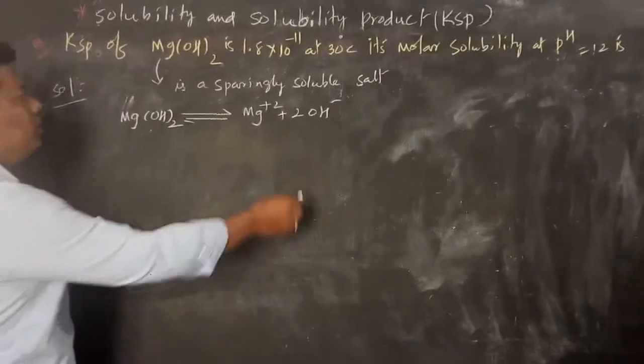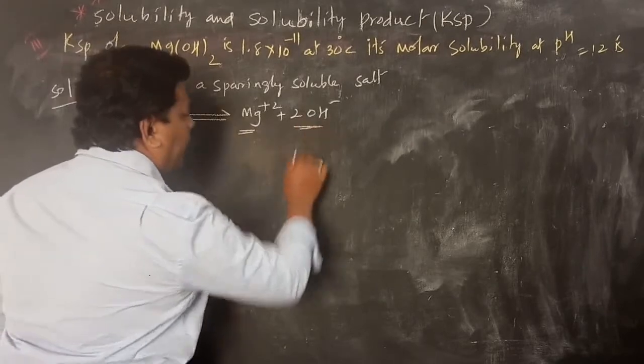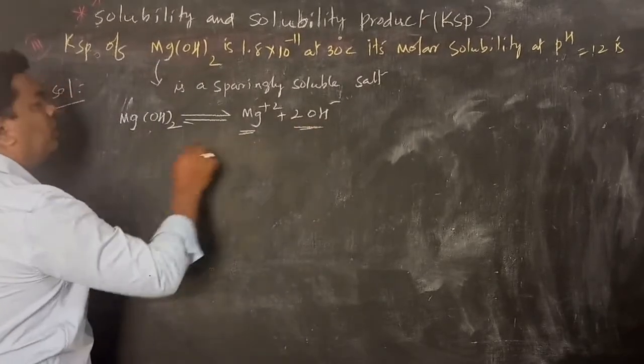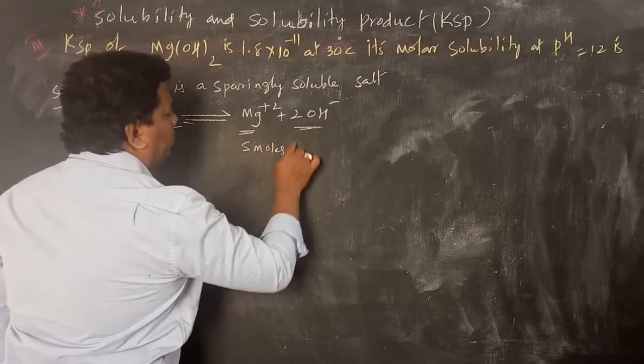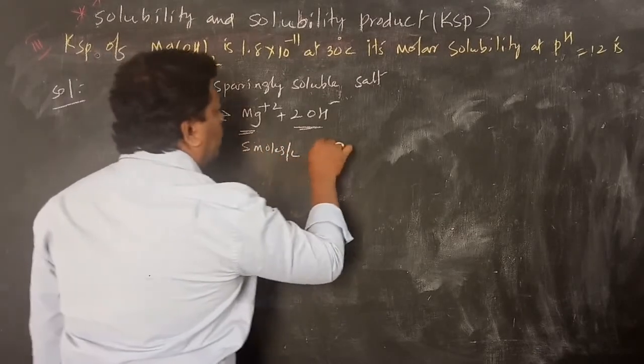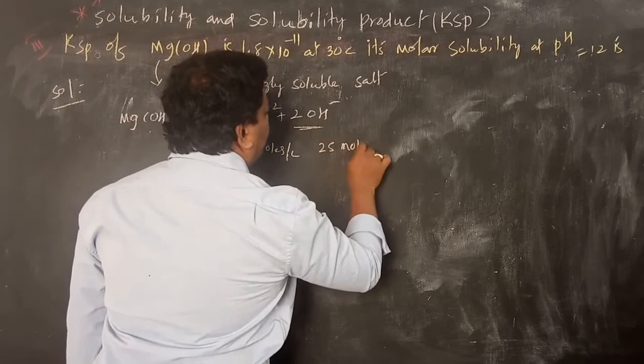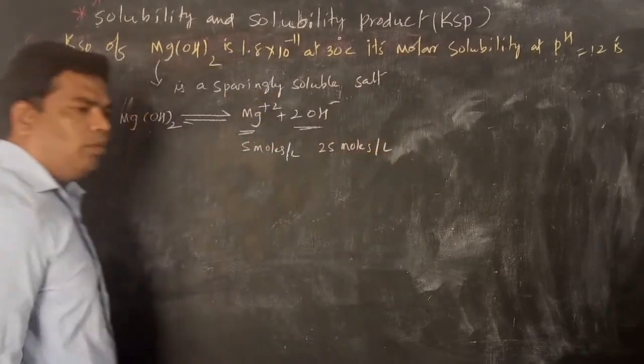Here Mg plus 2 is S moles per liter, and OH minus is 2S moles per liter.